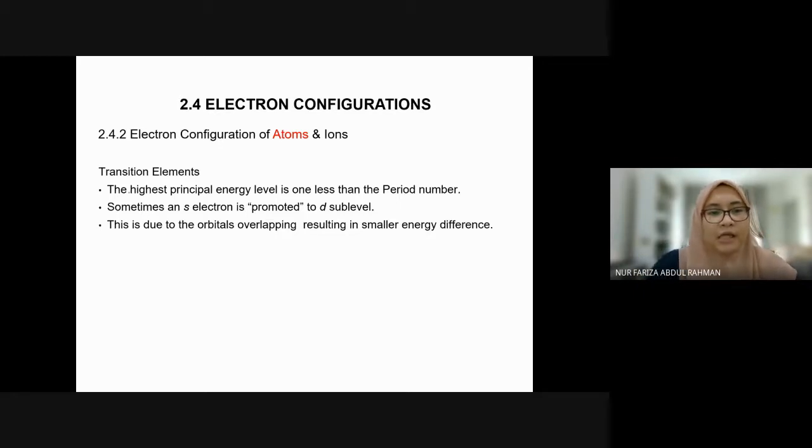Okay, transition element: the highest principal energy level is 1 less than the period number. What does that mean? Later we will show the D orbital; it should be 1 less than the principal energy level. You may have noticed in the Aufbau, we have 4S and then 3D, right? 4S2 and then 3D something.